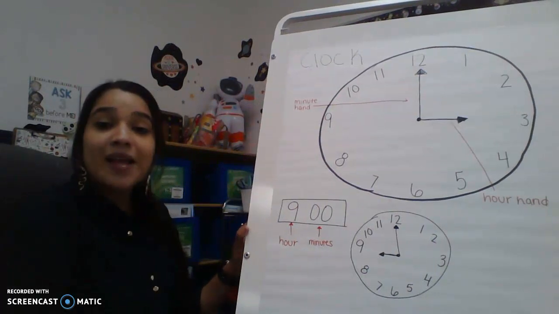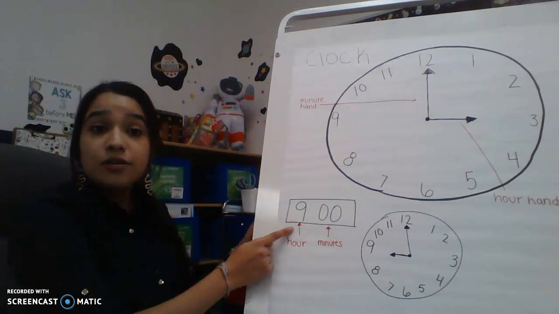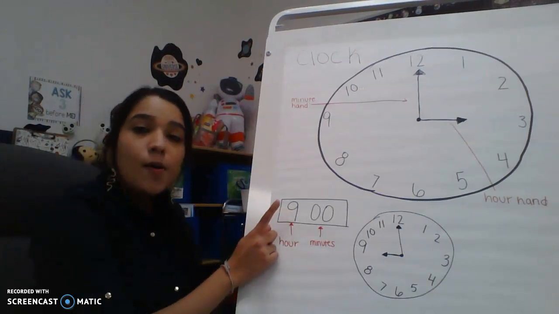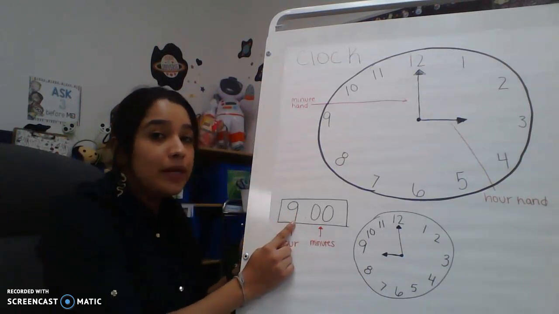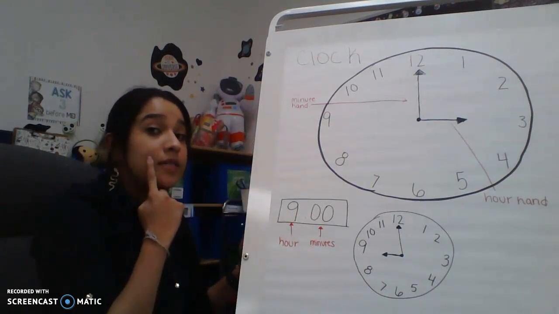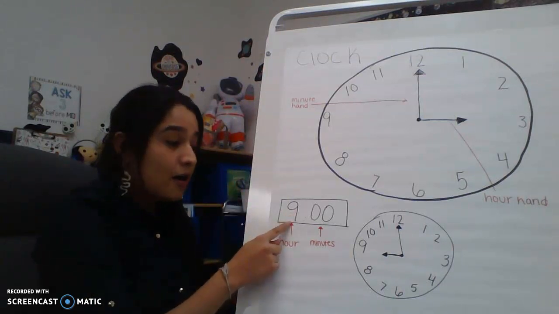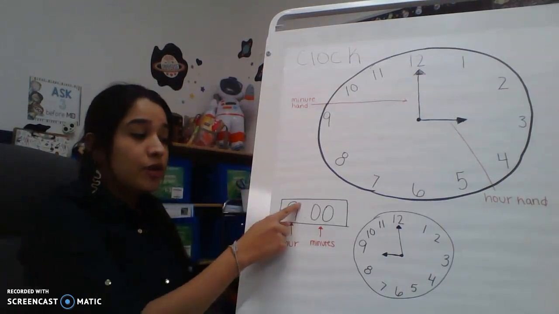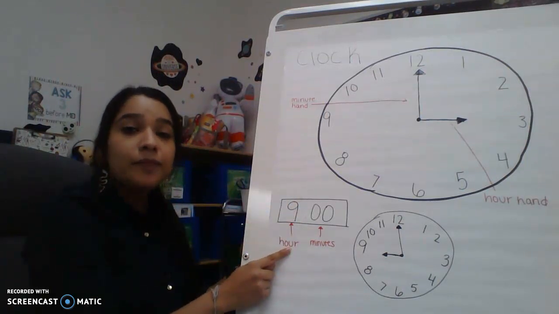Okay. Now we have our digital clock, or digital form. What is the first number? Is it the hour or is it the minutes? What did we say? Yes, the hour always comes first. So this number represents the hour.